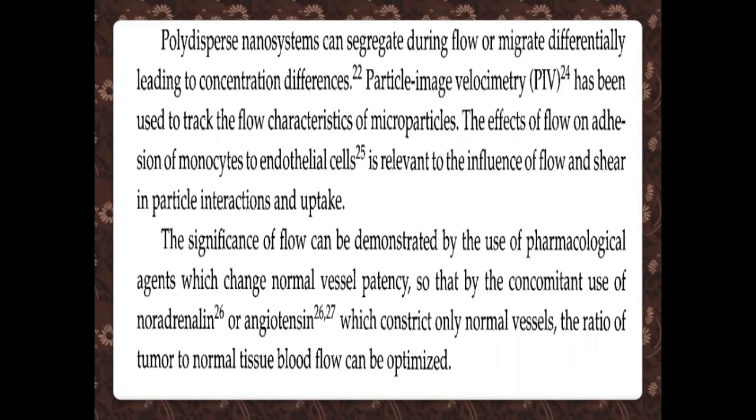That is, noradrenaline or angiotensin are going to contract or constrict the blood vessels. So the ratio of tumor to normal tissue blood flow can be optimized. So you see that using the diameter of the blood vessels, we can find out what is the flow of these components inside the tumor blood vessels or inside the normal tissue blood vessels. So that can also be studied.